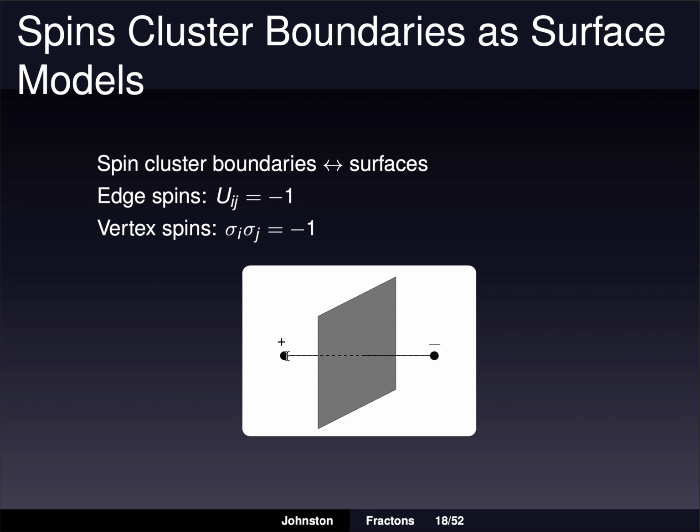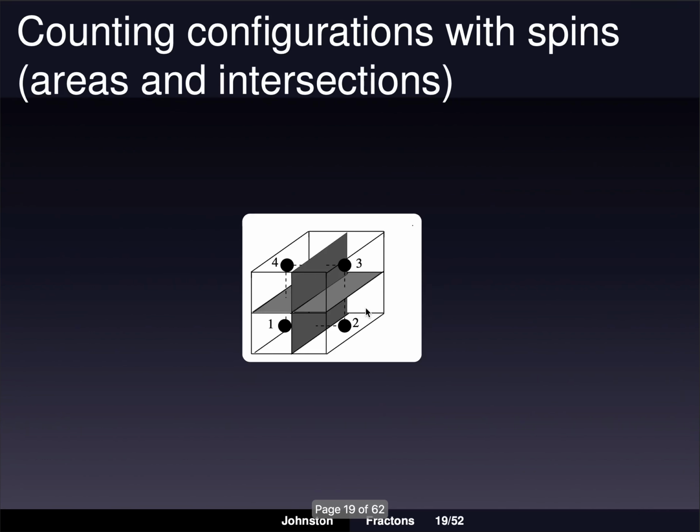Or I could look at the vertices at the end of the edge and split them up as these Ising spins, sigma i and sigma j. When the product of them is minus 1, I consider that there's a plaquette between them. And if I want to count different sorts of surface configurations, for instance, if I want to weight the areas of the surfaces that I've got on my lattice, but maybe also the intersections and possibly the number of edges on these surfaces, I can do this by considering the surfaces to be the duals of an extended Ising model.